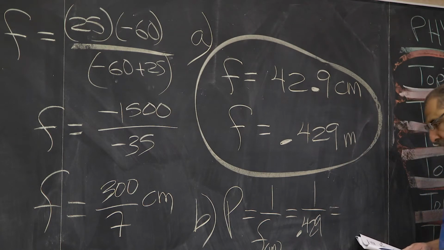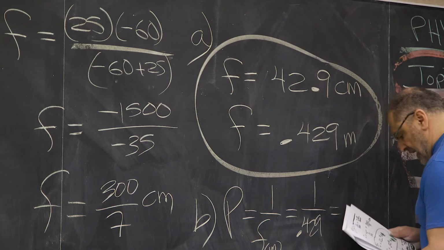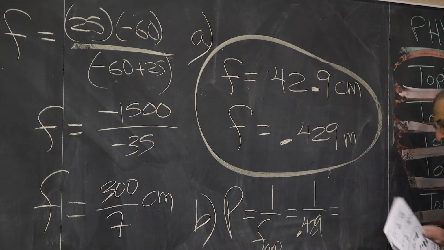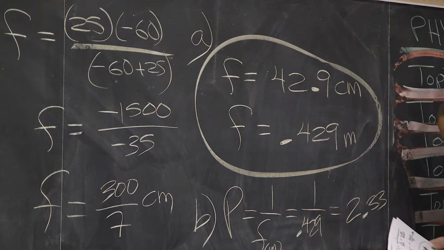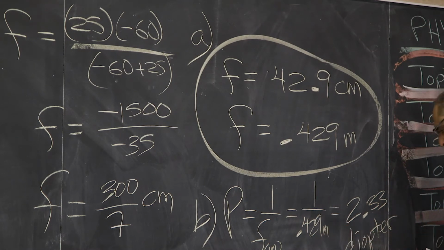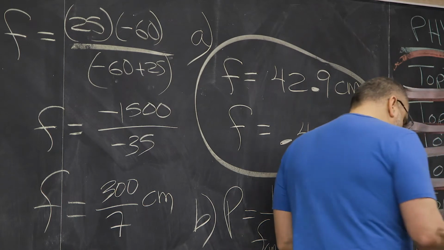And at the end of all that, you get 2.33 diopters. It's got to be in meters. Remember, it's got to be in meters, and then at the end, the unit, inverse meters, they call diopters for these circumstances.